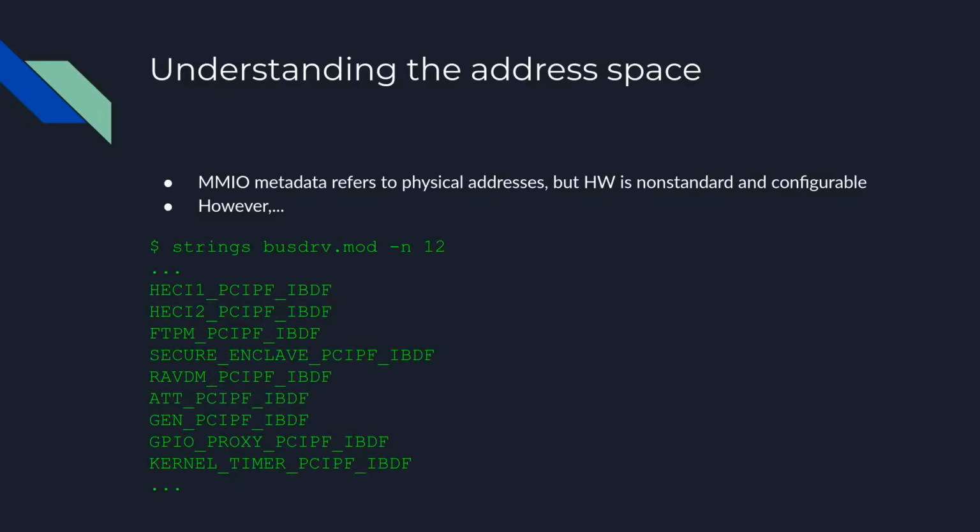And the bus driver, it is a normal user process, but it implements stuff like PCI configuration space accesses, and those things. And it has a nice table in it with names for devices. So if you just run strings on it, you'll see these things. And yeah, when I saw this, I was pretty glad, because at least I could make sense of what device was being talked to in a certain program.